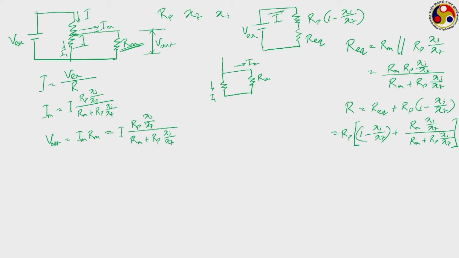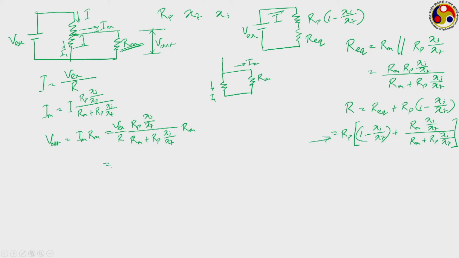This is Im, which we have just written, into Rm. Now, I is, as per our earlier definition, V excitation by R, and R is this particular quantity.